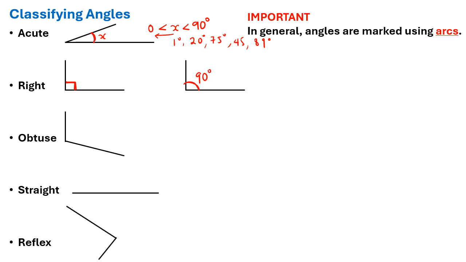These are the two ways that we can recognize right angles. If we want to write it, we say if this is x, a right angle x is exactly equal to 90 degrees. And you can see that over here.